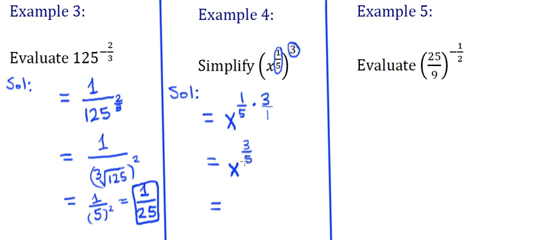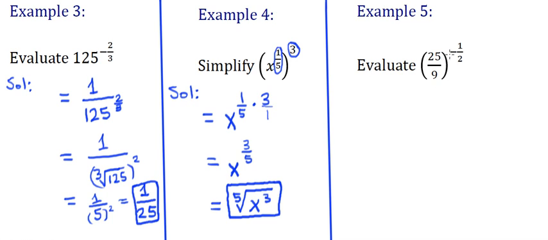How? We'll take the denominator, make it the index of the radical, and then x should go inside raised to the third power, right? This is the way you deal with a base that is a variable, such as x. And then that's it. This should be your final answer.